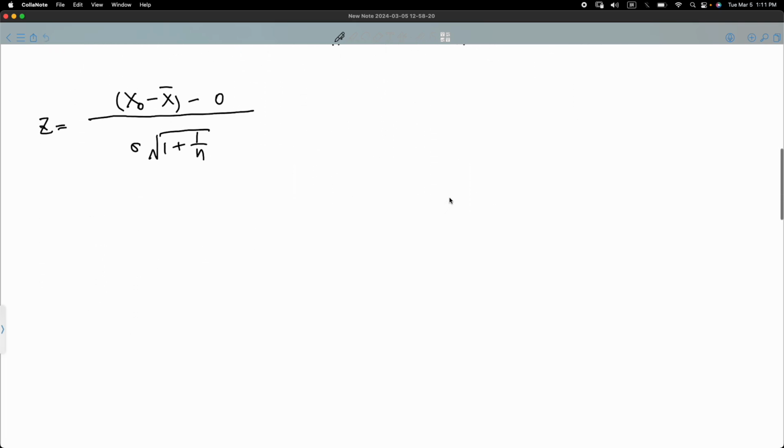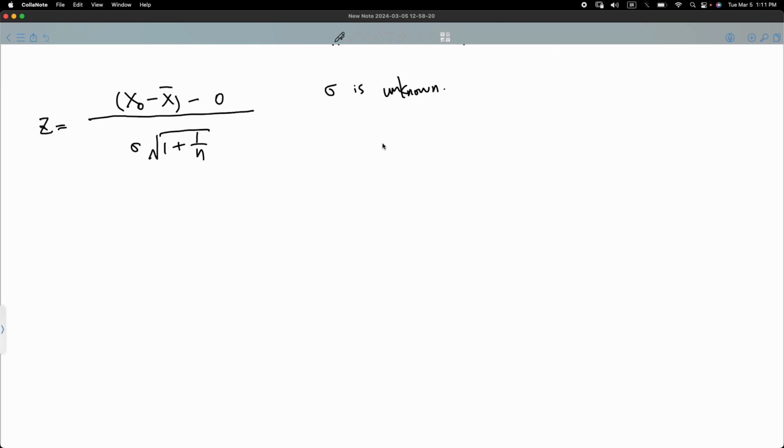Okay, that's that. But the problem here is that we don't know what sigma is. So sigma is unknown. So we need to use data to estimate this variance to further facilitate constructing this interval.